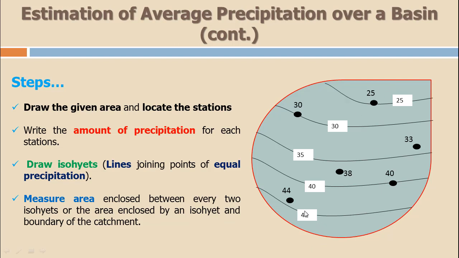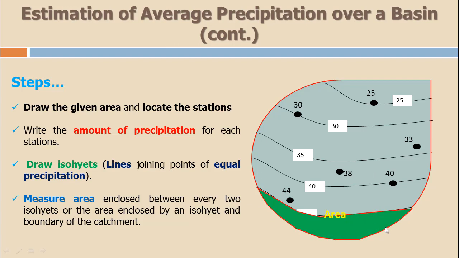This is an isohyet and this is the boundary. So measure all these areas between two isohyets, or between an isohyet and a boundary, just like this. This is an area. Measure this. As you know, this area can be measured by various methods.